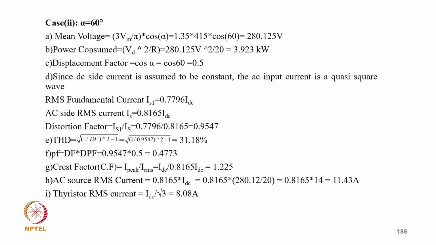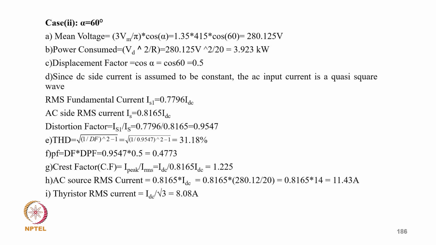Coming to alpha equal to 60 degrees, the mean voltage is 3Vm upon pi into cos alpha, so it comes to 280.125, and the power consumed is Vd square upon R, so it comes to 3.92 kilowatt. The displacement factor, cos alpha, comes to 0.5. Since the DC current is assumed to be constant, the AC current is a quasi-square wave. The RMS fundamental current Is1 is 0.7796 Id, and the AC RMS current is Is equal to 0.8165 Id.